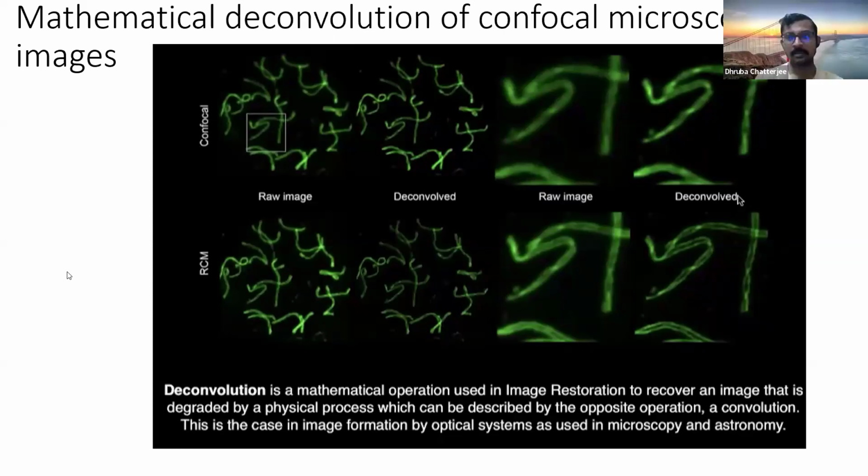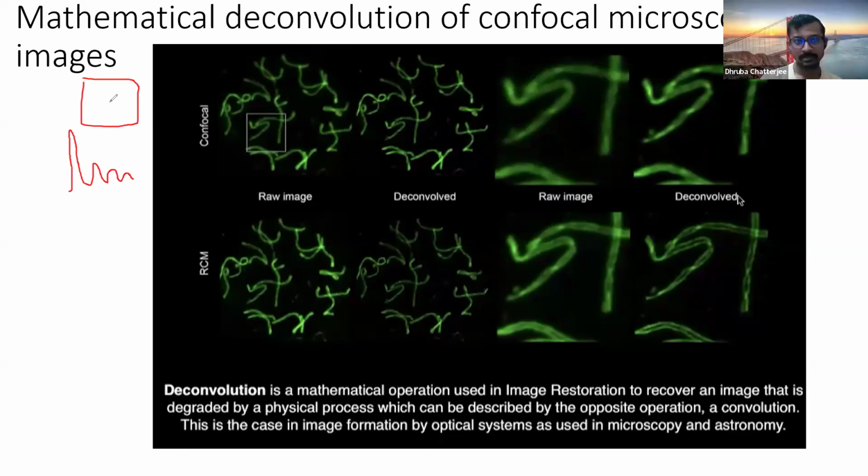So actually what happens is that when you shine this light, or even when you collect this emission light, because of the wave function of light, the light intensity has an interesting distribution, which is called the point spread function.